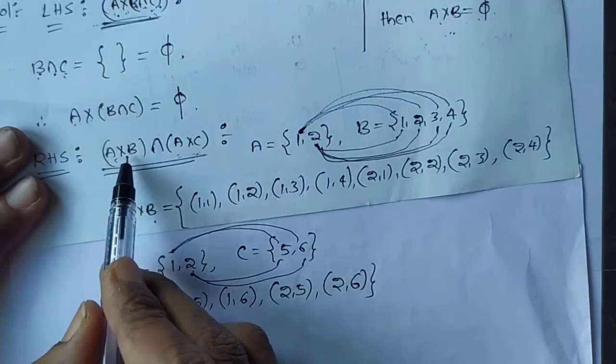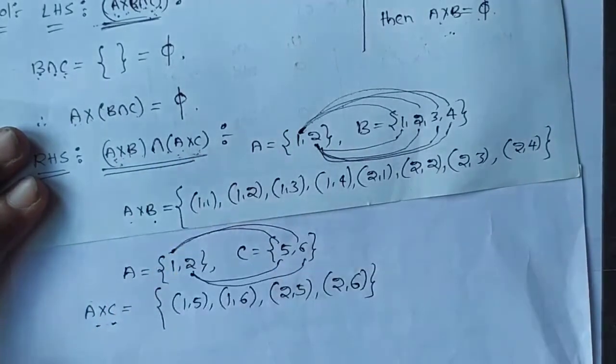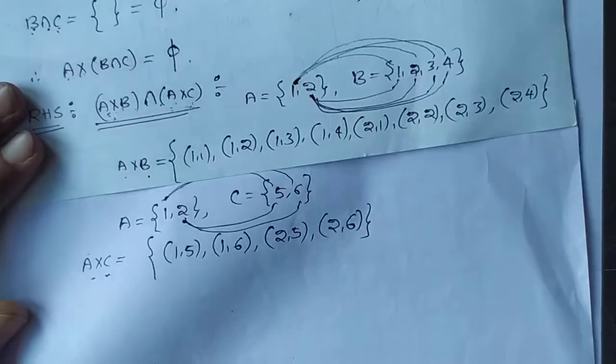Next, what we have to find? A cross B intersection A cross C. Let us find out.